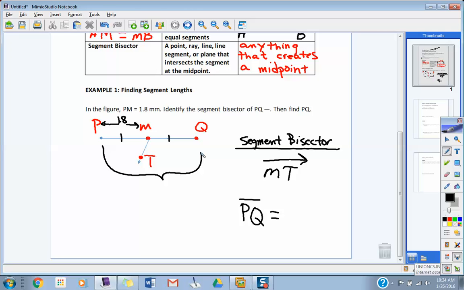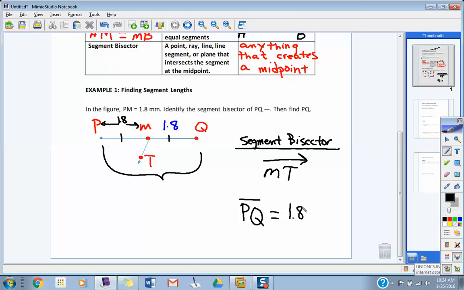Okay, so you're saying if P to M is 1.8 and M is truly the midpoint, that makes M to Q what distance, guys? This is also 1.8 right in here, isn't it? So isn't PQ going to equal that distance of 1.8 plus 1.8?